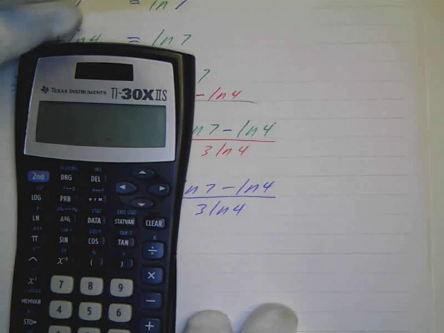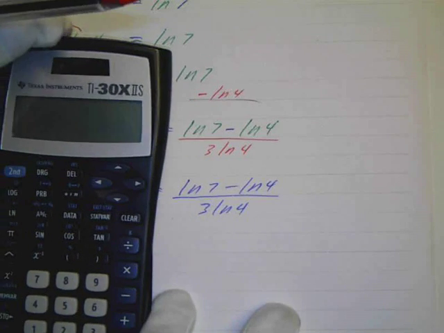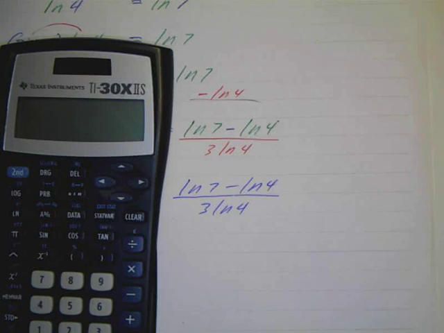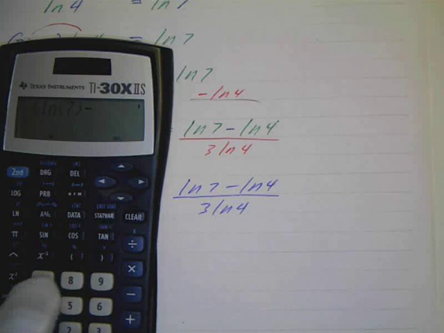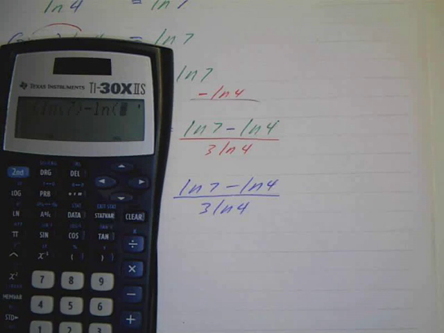We'll get our calculator over here. Let me move this so you can see that. And we'll put this in. Now, remember when we're using fractions, you want to use parentheses, because calculators are kind of fussy about that. So we'll put a parenthesis to enclose the top: ln of 7 minus the natural log of 4.